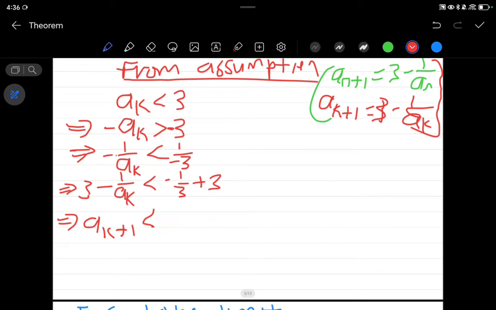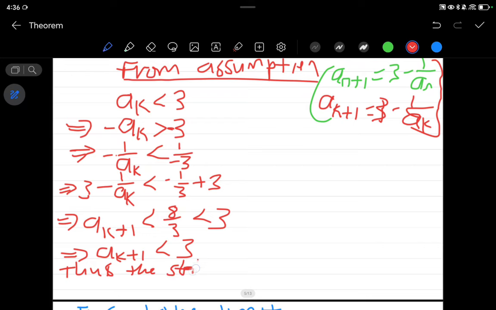So this would mean that this is 8 over 3. And this is less than what? 3. Right. Then this would imply that a of k plus 1 is less than 3. Hence, or thus, the statement is also true for n equals k plus 1.